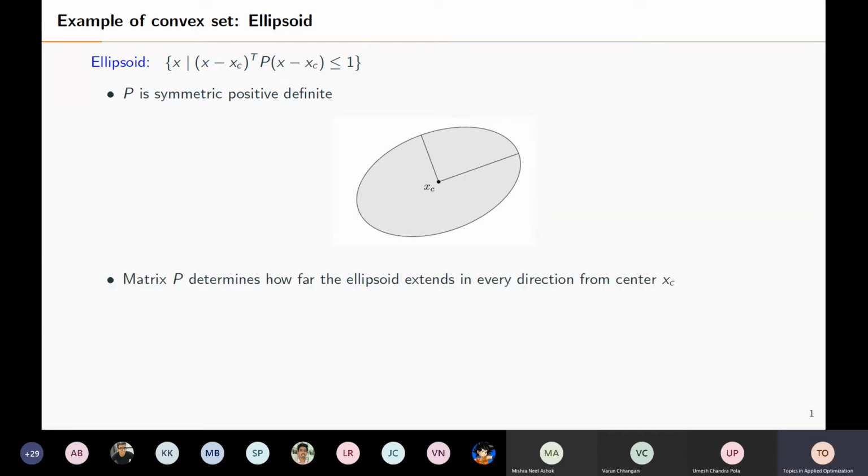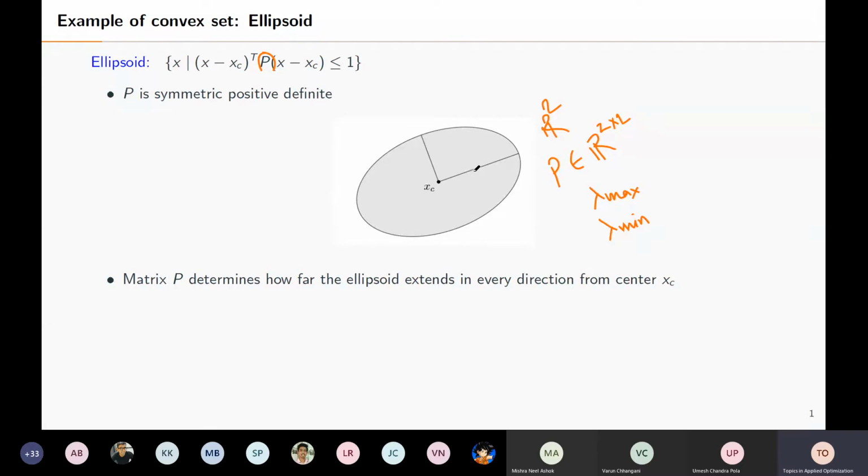Another thing we noticed is that the eigenvalues of P play a role in knowing which is the major axis and which is the minor axis. In this case it's R2, so P will be a 2 by 2 matrix, in R2 by 2, and it will have two eigenvalues, let us say lambda max and lambda min.